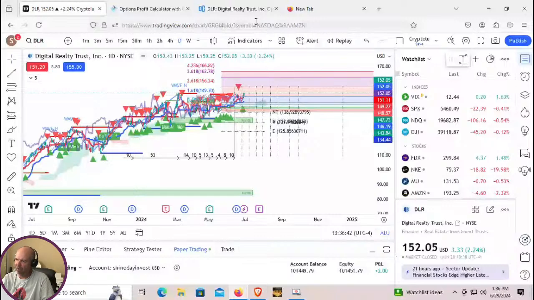I got that one. On Nike, I did a straddle because it didn't show me much on the bear side, but I doubled my bear position. I did a put ratio on the bear side and a call on the bull side, and I closed the call position.